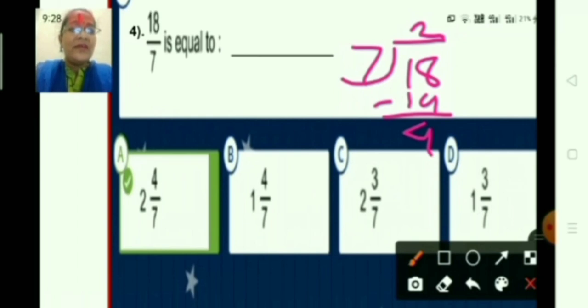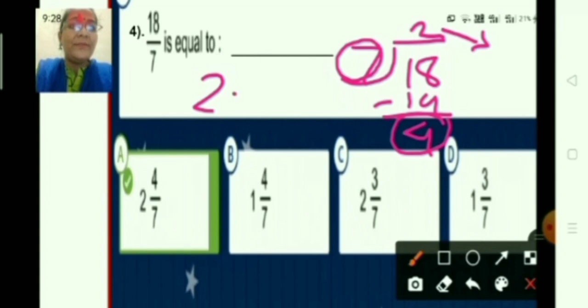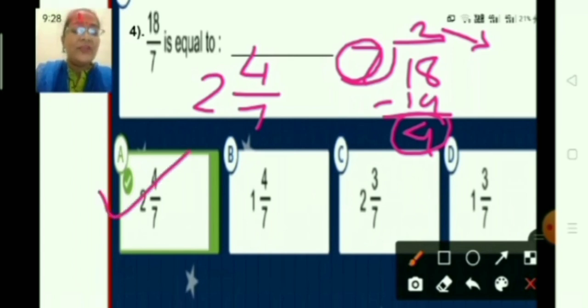So children, this 2 is the whole part of the mixed fraction, and the remainder comes as the numerator of the fraction, and the denominator remains the same. So here your mixed fraction is 2 as the whole part, 4 as the numerator, and 7 as the denominator. So option A is the correct option, and you have to click on the correct option.